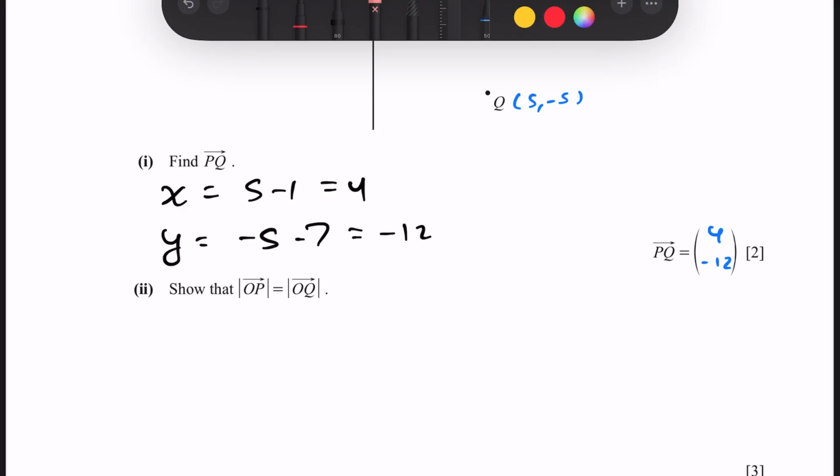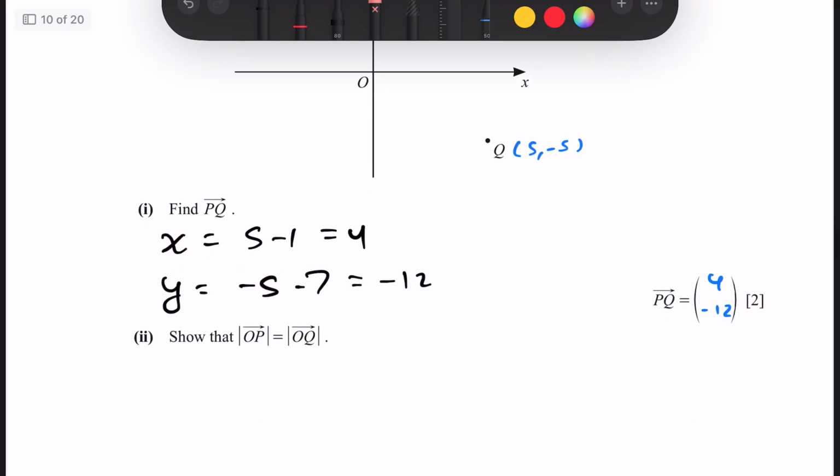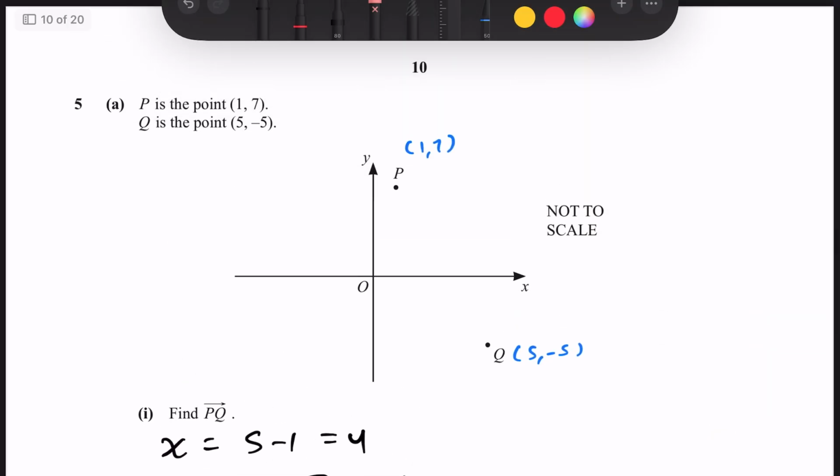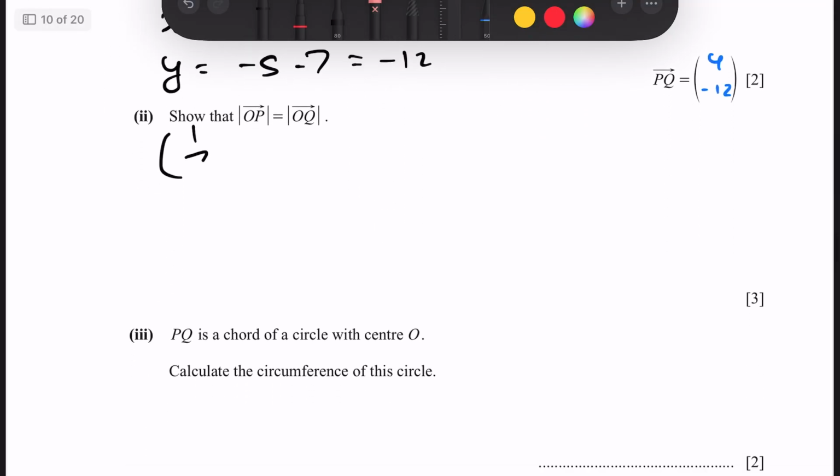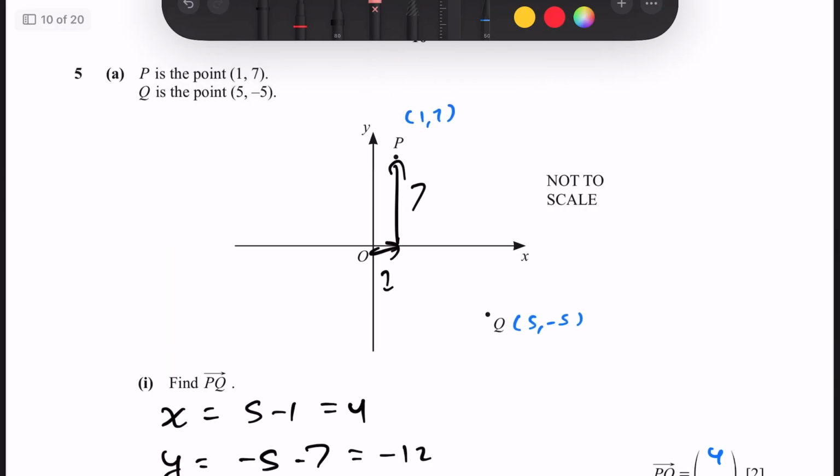vector OQ. So the vector OP itself is equal to 1 unit to the right and 7 units upwards. This is equal to OP. Therefore, the magnitude of OP would be equal to essentially the hypotenuse.